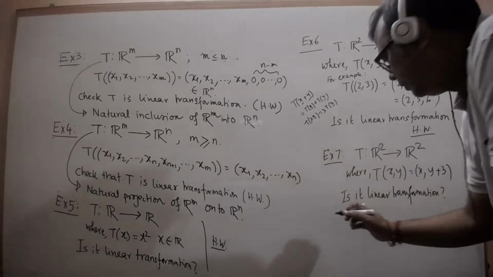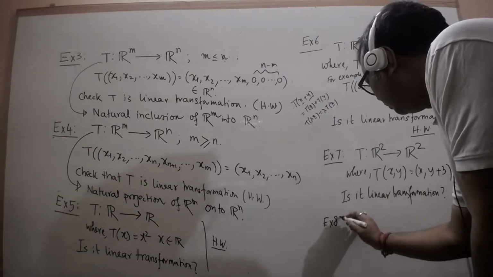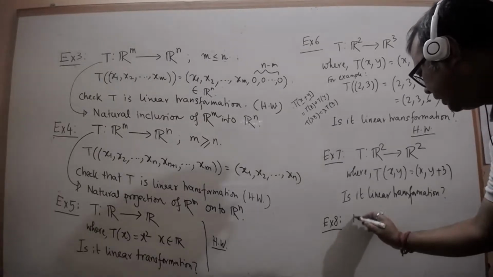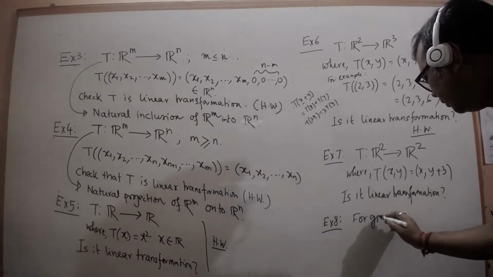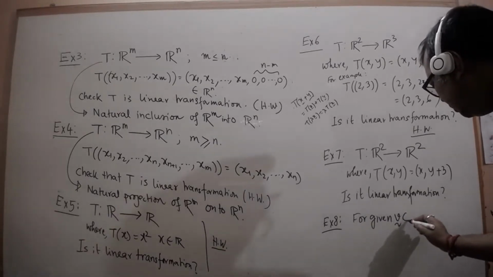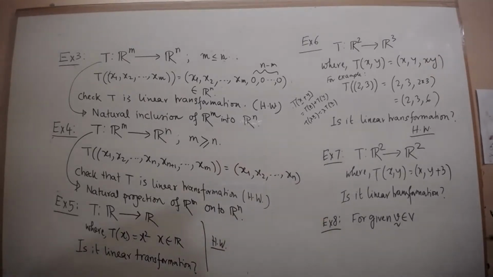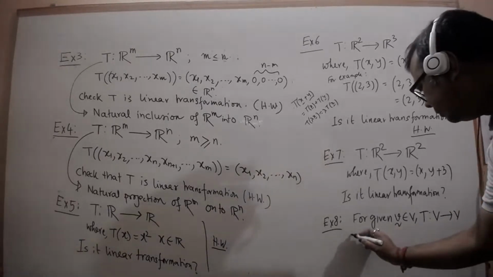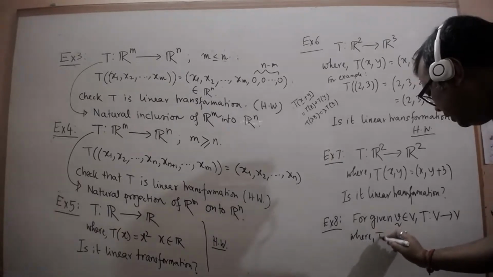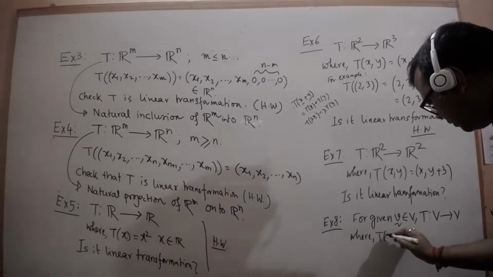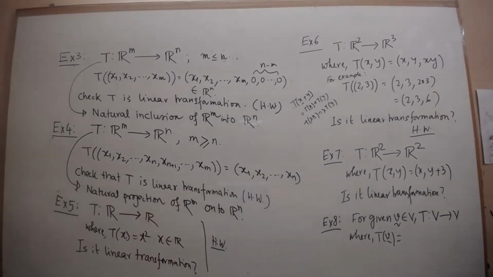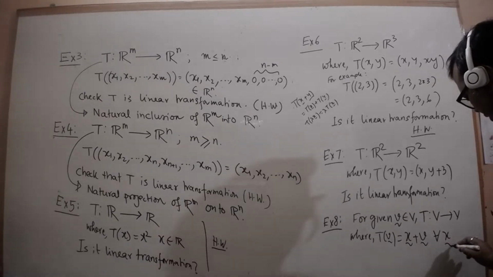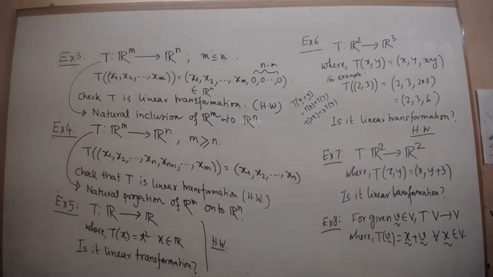Example 8. For given v curve, this is a fixed vector belonging to V. Then T from V to V, where T(x curve) equals x curve plus v curve for all x curve belonging to V. Is it a linear transformation?